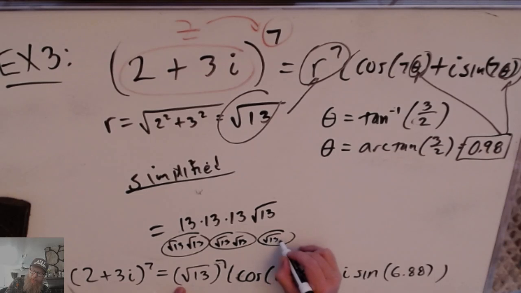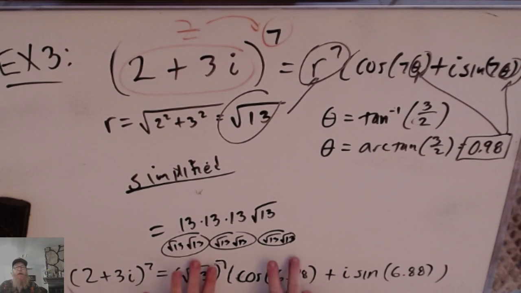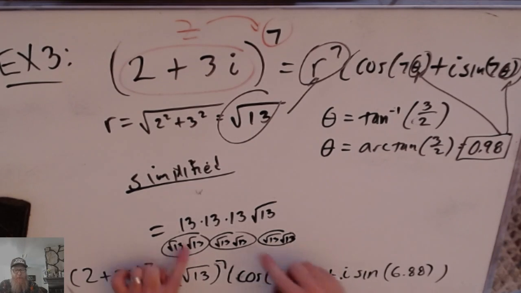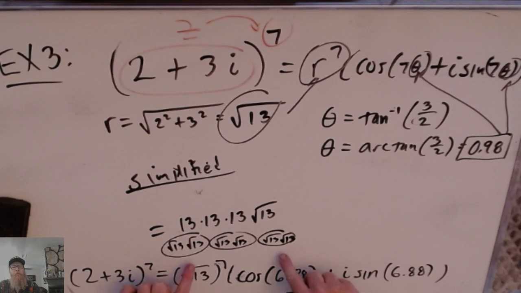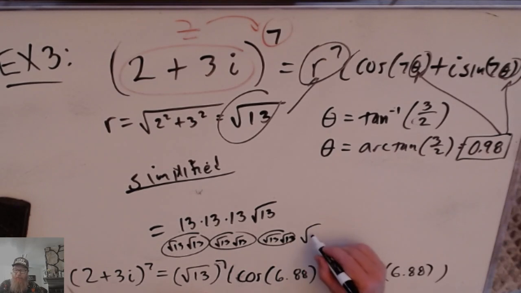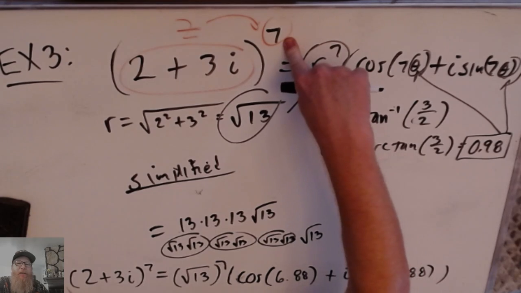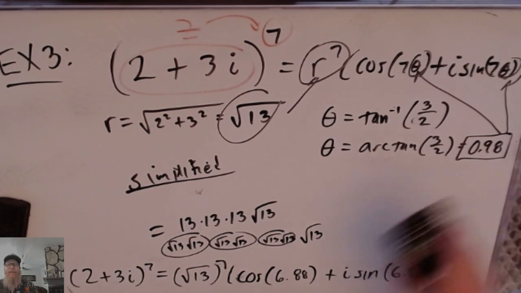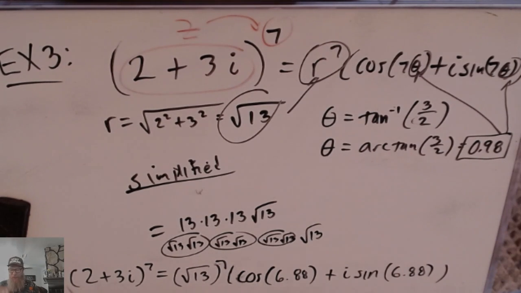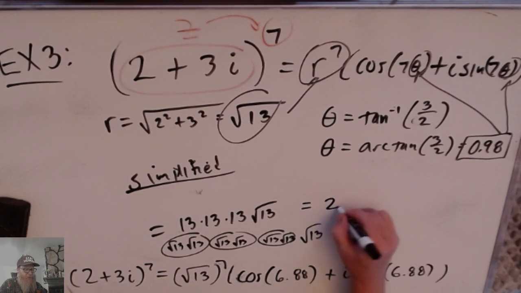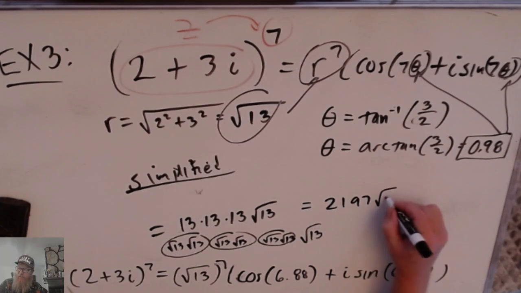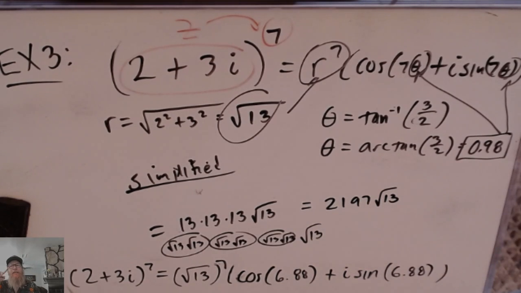I know I don't need to explain this, but I'll do it anyway. So every pair, you have 3 pairs of square roots because there's 7, and then you have a leftover. In hindsight, I wish I would have done 8 or something like that. All right. So you got 13 times 13 times 13. So that's going to be 2197 square root 13.